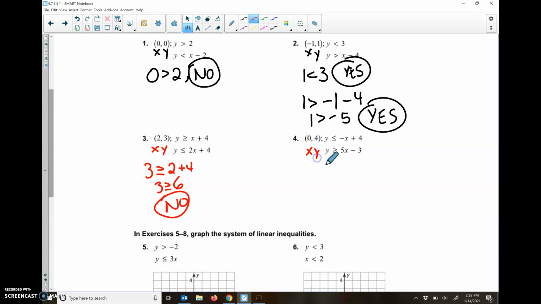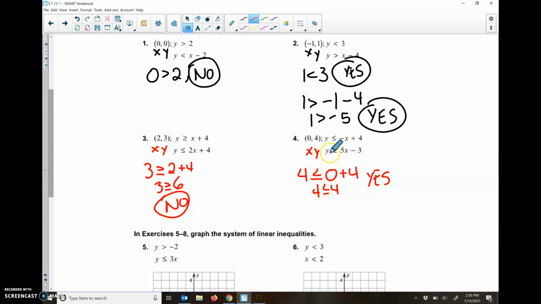All right, and then the last one, so 0 and 4 are my two numbers. So y is less than or equal to -x plus 4. So 4 is less than or equal to -0 plus 4, and that is 4. So yes, that works. 4 is less than or equal to, it is equal to 4.